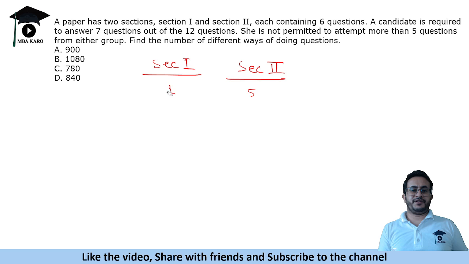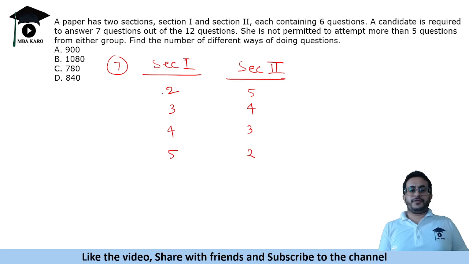Sorry, there are total 7, so it will be 2 and 5. Right, total is 7. So 7 can be 2 plus 5. Maximum we can attempt 5 in this. So it can be 3, 4. Okay, then it can be 4, 3, or it can be 5, 2.